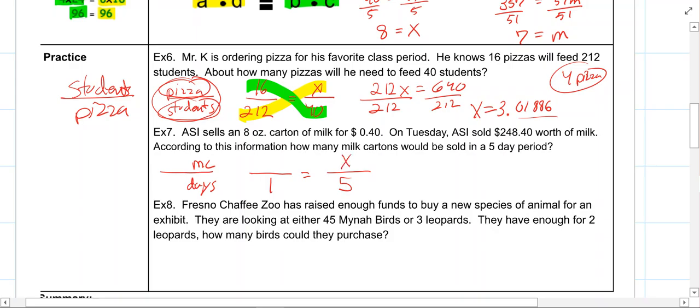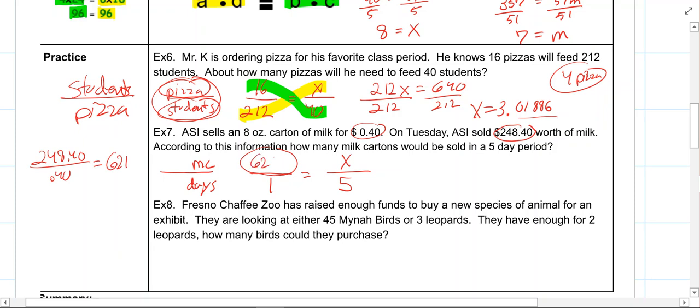Our problem is we need to know how many milk cartons were sold. Well, it doesn't tell us. But it does tell us on one day they sold that much. So all we have to do for the number is divide it by each milk carton, which is 40 cents. And we find out that that's 621 cartons of milk.